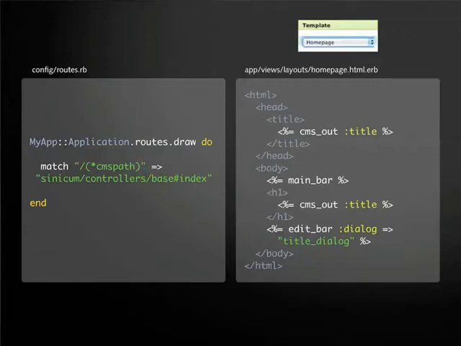Within the Rails application, we have a file called routes.rb, which defines the mapping of a URL to a controller. Spring does the same thing in a bit different way. And here we say we want to match everything, and we want to handle all requests with this base controller and the index method. This standard controller provided by the module is very simple.